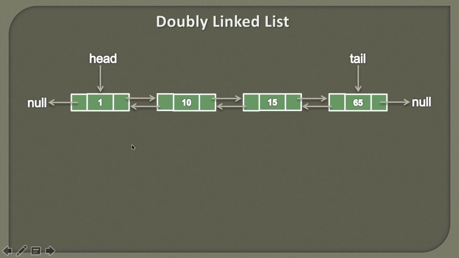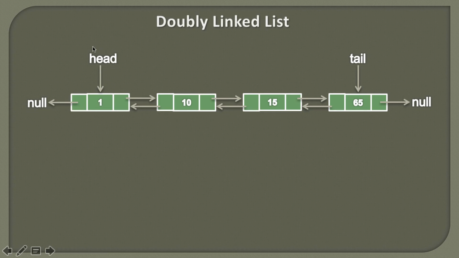If you want to represent a doubly linked list, usually we have these head and tail pointers. The head points to the first node and the tail points to the last node. You can see each list node has data, a pointer to its next node and a pointer to its previous node.